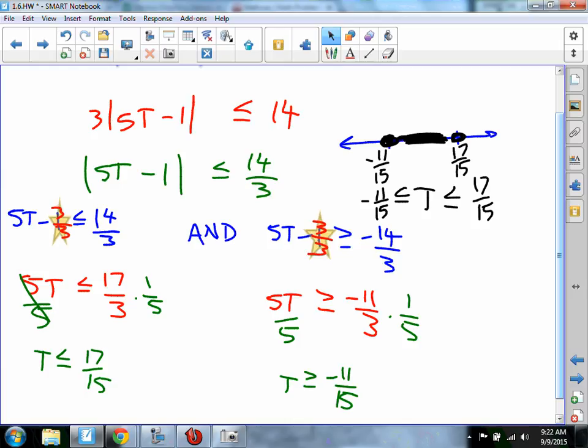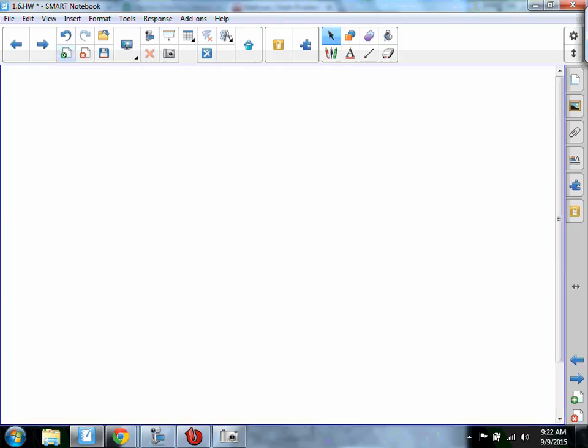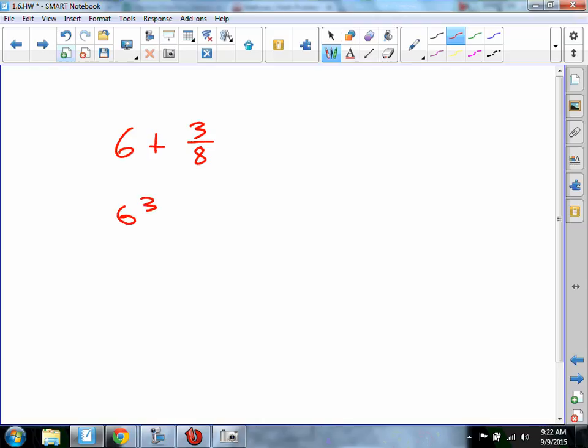The question is, how did the 1 become 3 thirds? To answer that, let's think about 6 plus 3/8. We could write that as a mixed number, 6 and 3/8, but suppose we need to do something with it later. Mixed numbers aren't nice to multiply and divide. So we would need to turn this 6 into some number with respect to the same denominator.